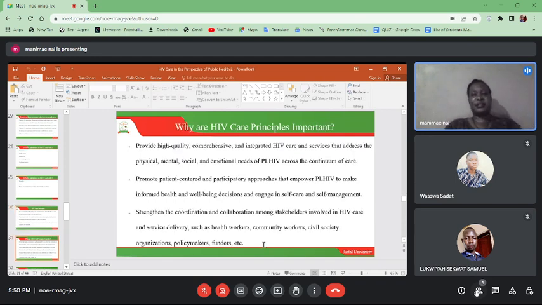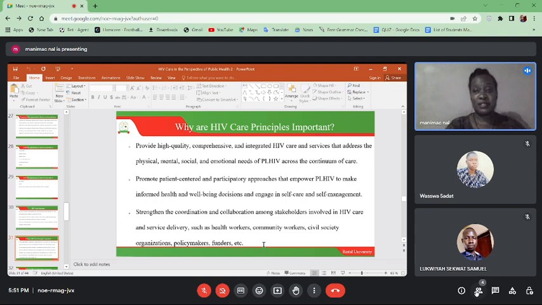Why is this principle important? It is important because it provides high quality, comprehensive, and integrated HIV care as well as services that address the physical, mental, social, and emotional needs of people living with HIV and AIDS across all the continuum of care.